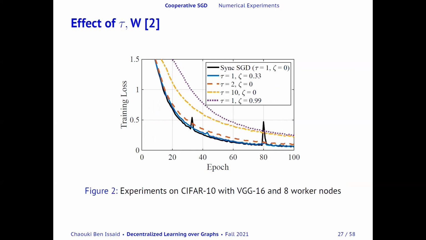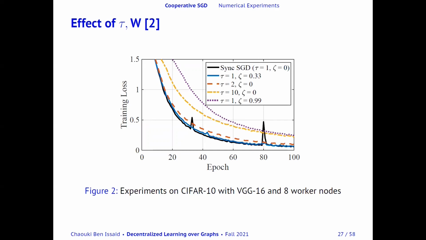As suggested by the main theorem, the empirical results show that a higher network error, that is a larger value of tau or a larger value of zeta, leads to a higher error floor at convergence.